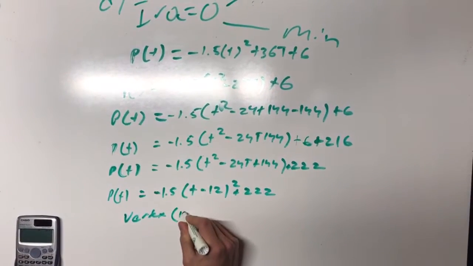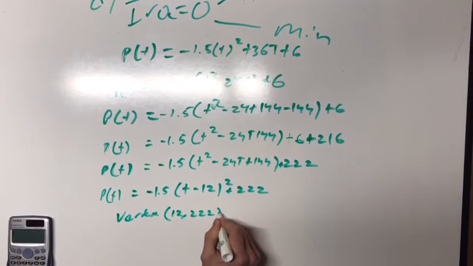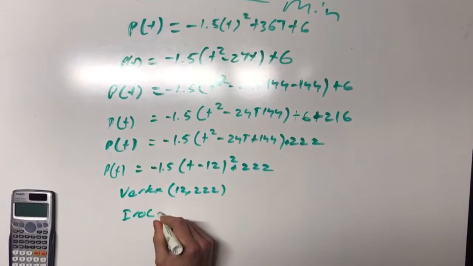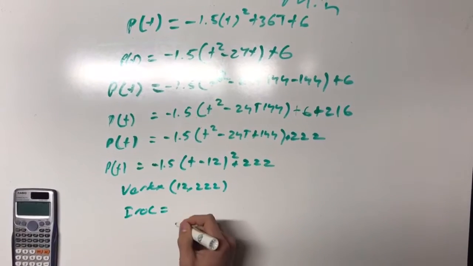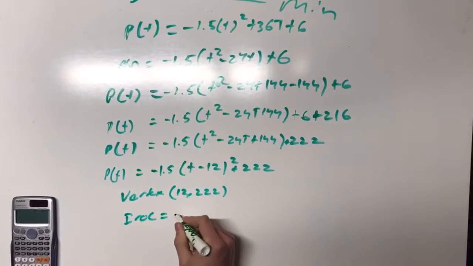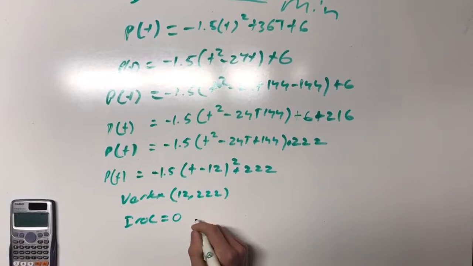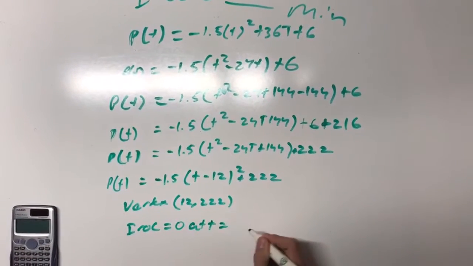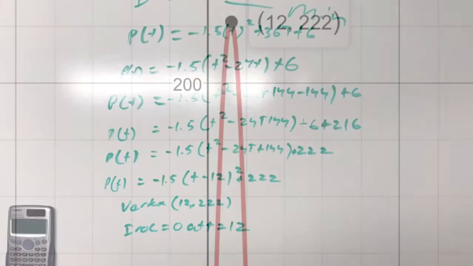It's at 12 and 222. IROC, so that's the maximum. So IROC at 0 at t is equal to 12.